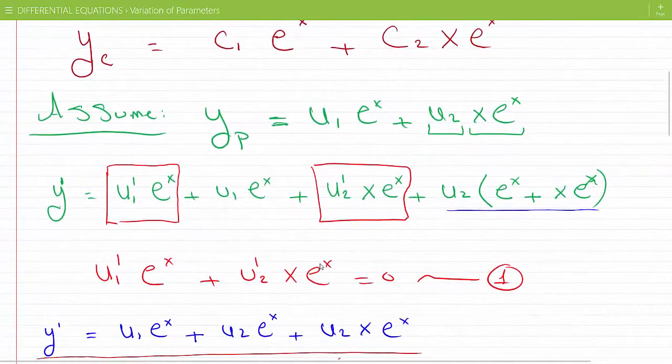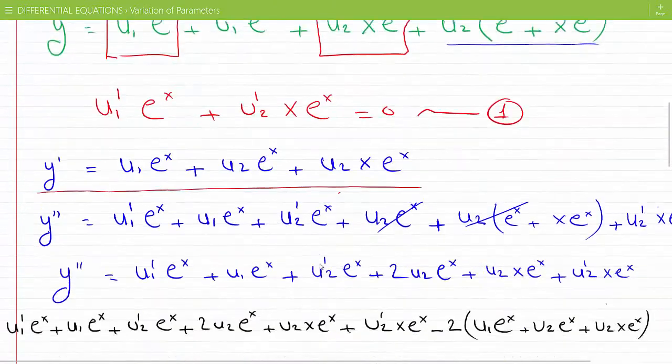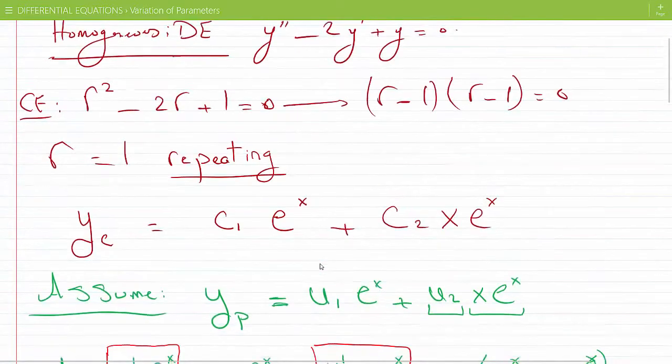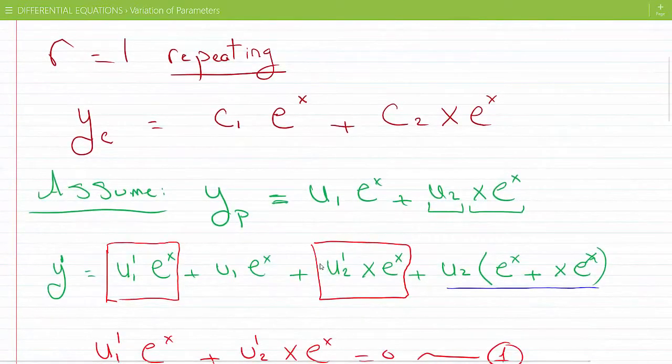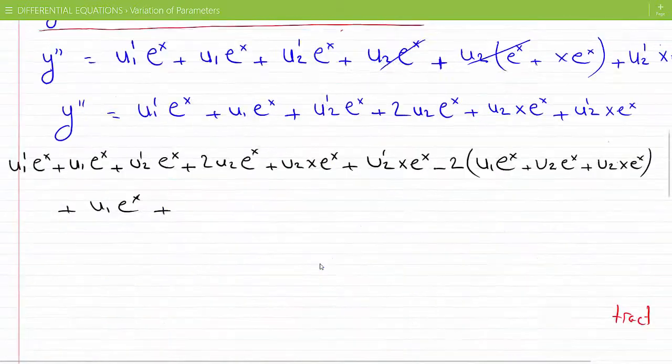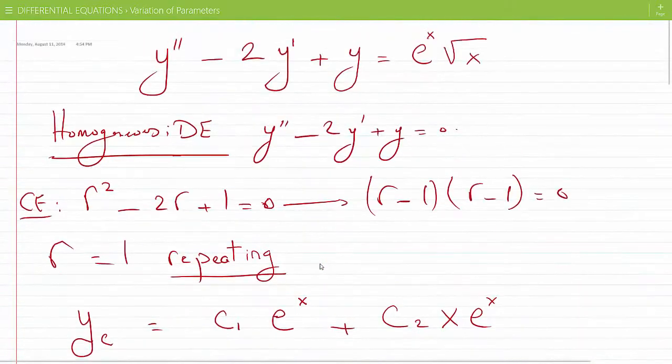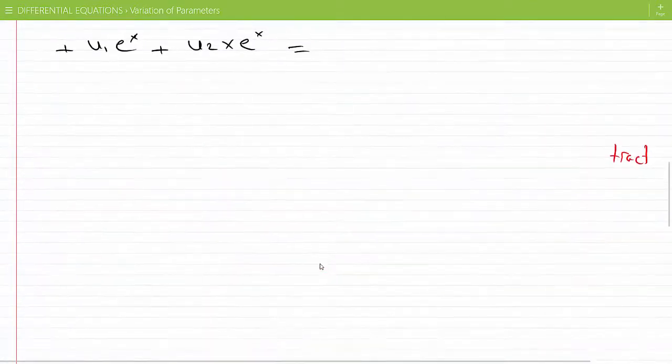Y is the very original one, so u1 e to the x plus u2 x e to the x, and we will set this equal to the non-homogeneous term, e to the x root x.